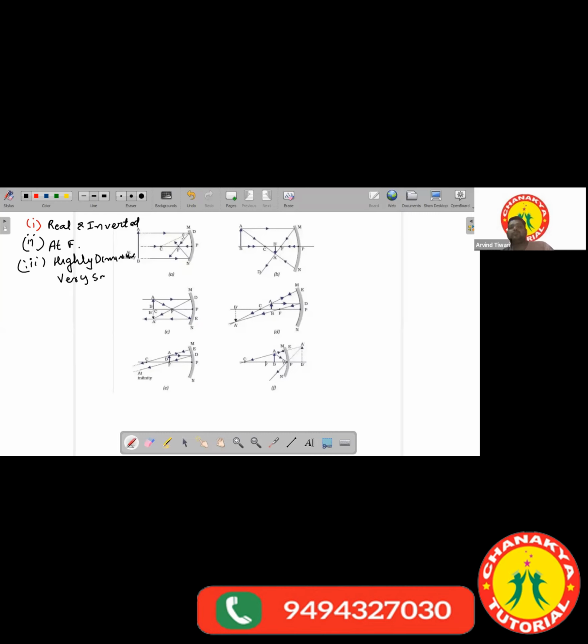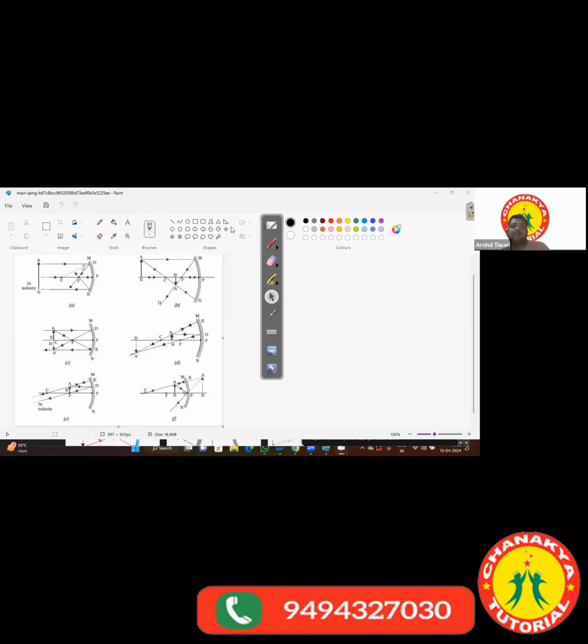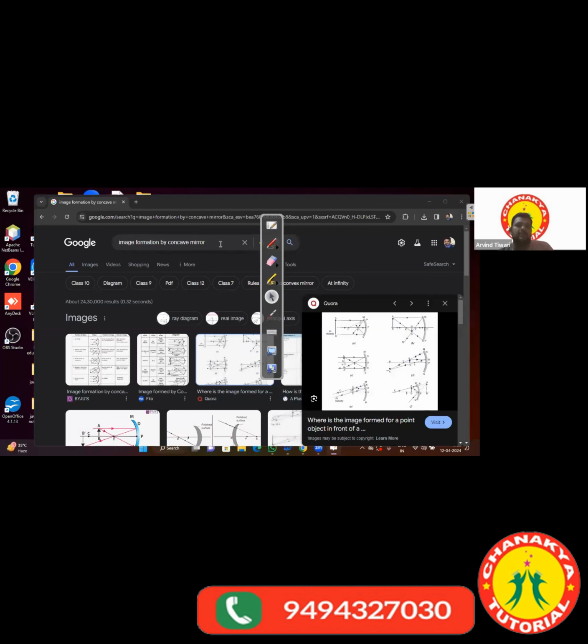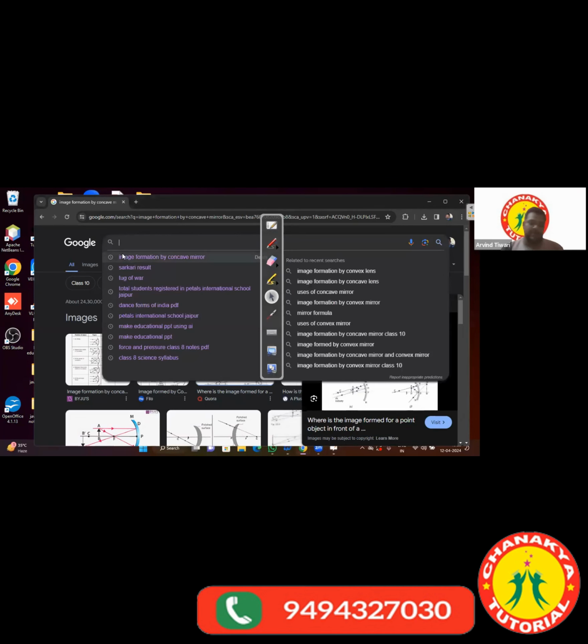So I'll just show you one image formation for this case that will clarify how the image is formed.